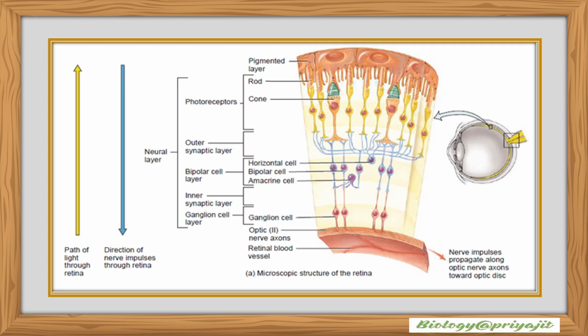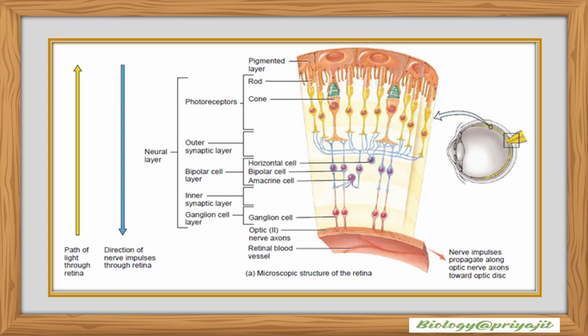Bipolar cell layer, they transmit signals from the photoreceptors to ganglion cells. Inner synaptic layer, it includes horizontal and amacrine cells that refine and integrate visual signals. Ganglionic cell layer, axons of ganglion cells form the optic nerve, the second cranial nerve.